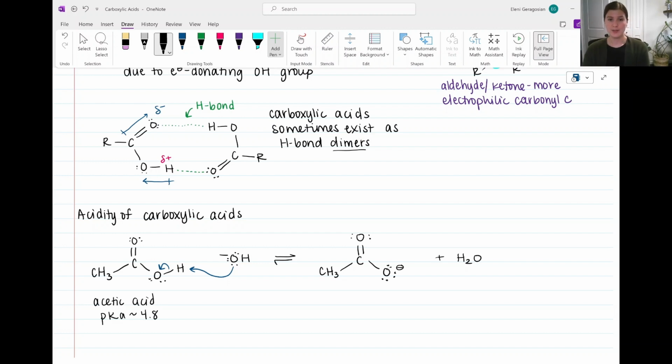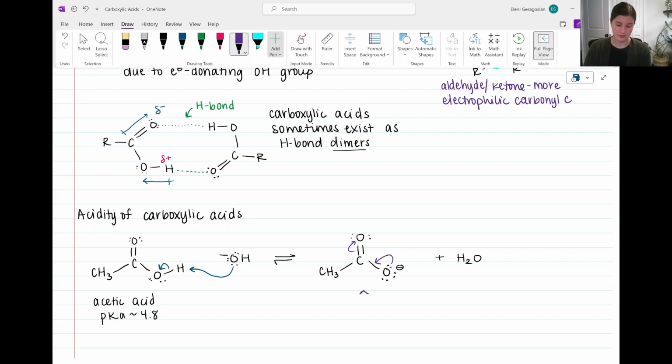So in the conjugate base of acetic acid, and really any carboxylic acid, that negative charge on the oxygen atom is a delocalized charge. So a pair of electrons can create a double bond between carbon and itself, and then between the oxygen, and then we can break that pi bond.